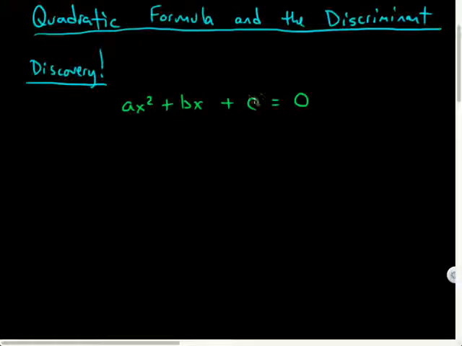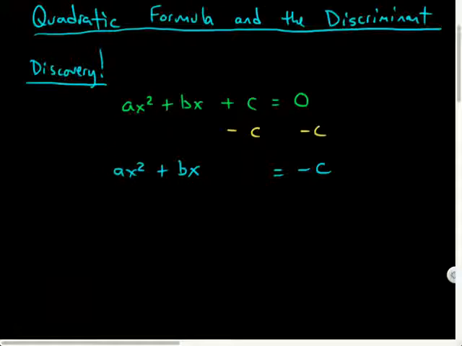Well, the first thing I would do would be move the c to the other side. Hopefully this is familiar to you. So I'd have ax squared plus bx equals negative c. Then what would I have to do? It's got an a term that's not necessarily equal to 1. So what should I do, guys?